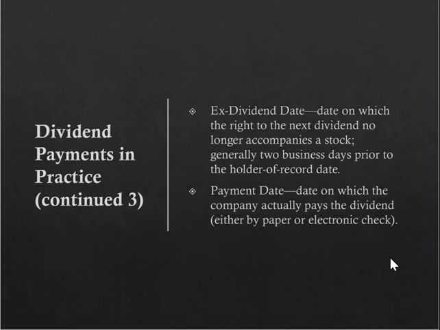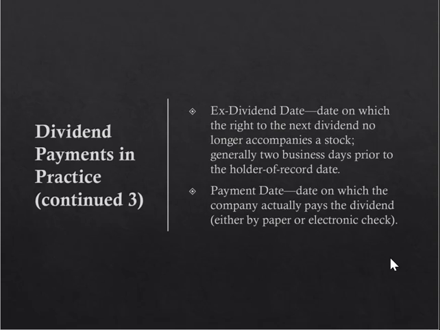The reason for that is stocks trade in the stock market, and if they declared that dividend on February 1st, people know that if they hold this stock on April 1st as a holder of record, they're going to get the dividend associated with that stock. Well, it takes a couple days for those transactions to flow through and get posted to the company's books.